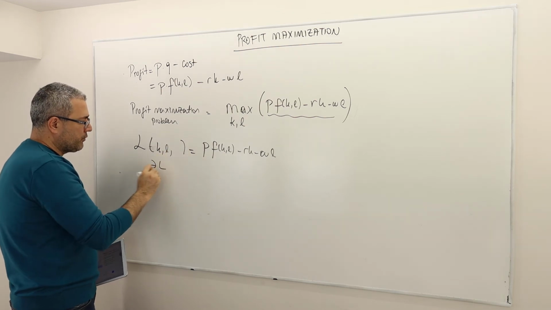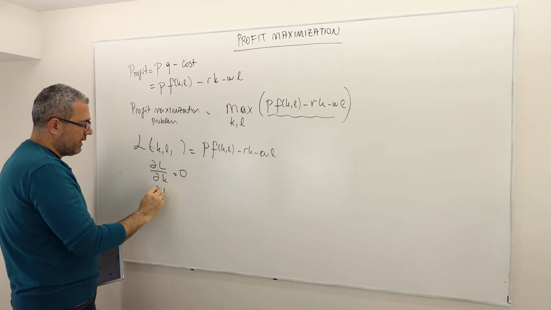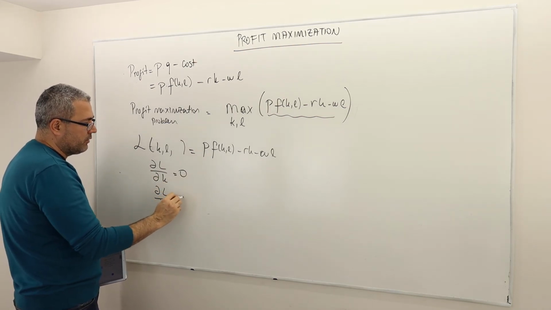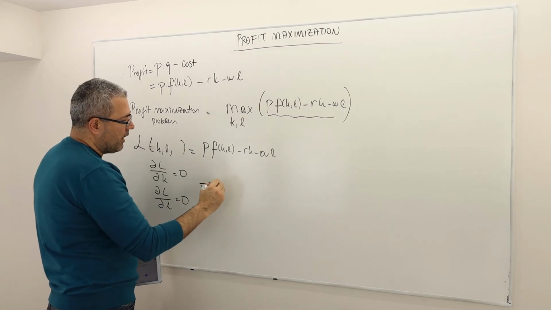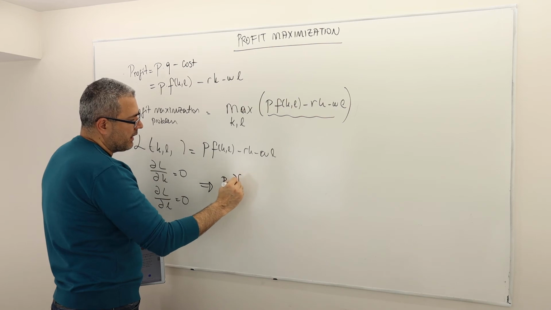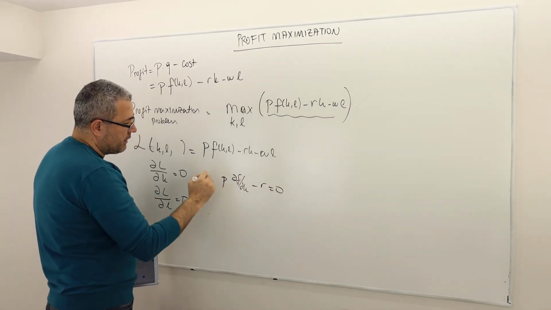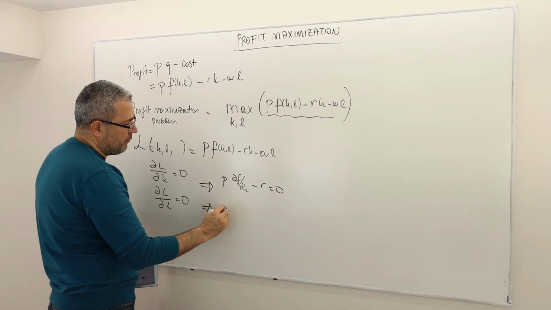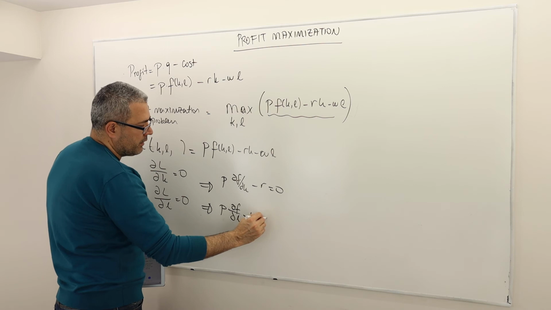So it's the first order conditions, del L del K equals 0, del L del L equals 0. So here, what do I have? I have P times del F del K minus R equals 0. The second one implies P times del F del L minus W equals 0.